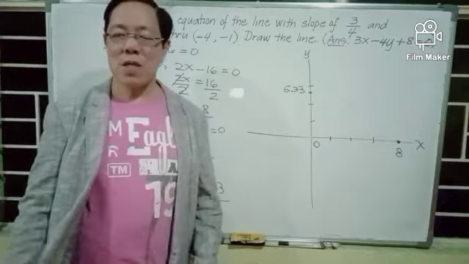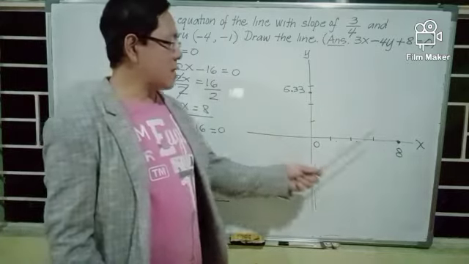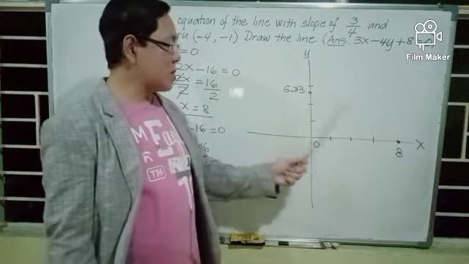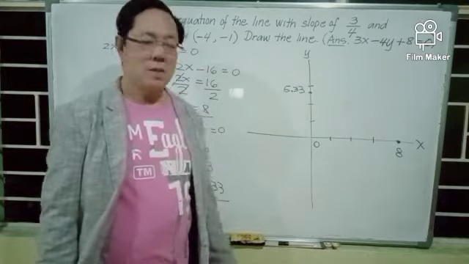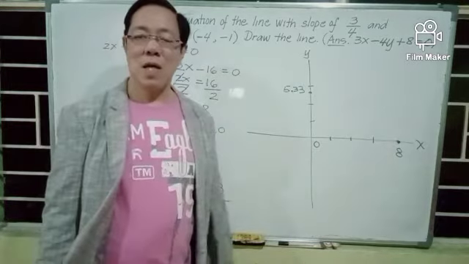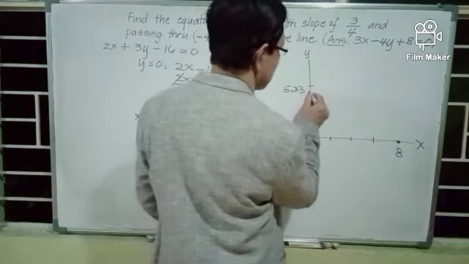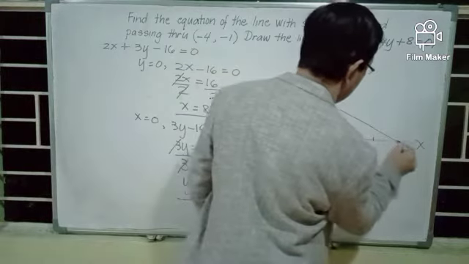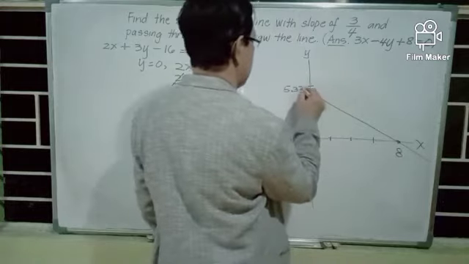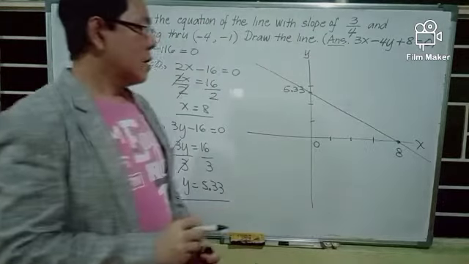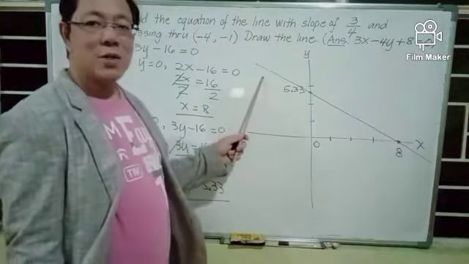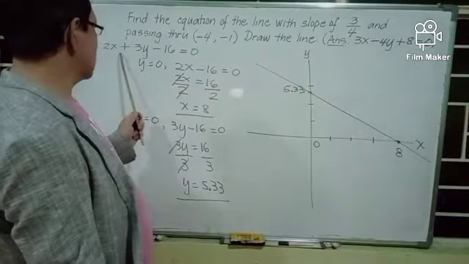Now to draw the line, simply connect the intercepts because the line will pass through these two intercepts. We connect these two intercepts with this straight line. And don't forget to label the line with its equation 2x plus 3y minus 16 equals 0.